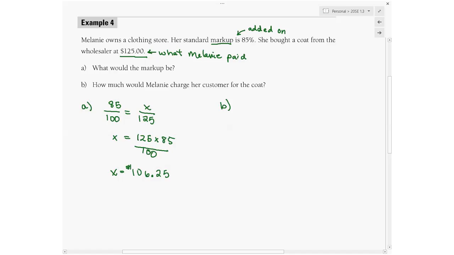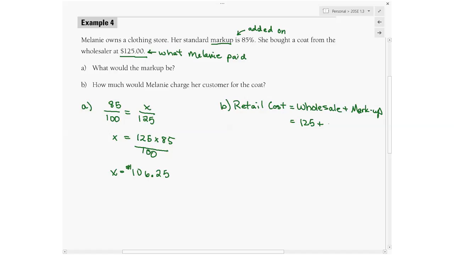So how much is she going to charge her customer? Well, the retail cost is equal to the wholesale plus the markup. Okay, so she paid $125.